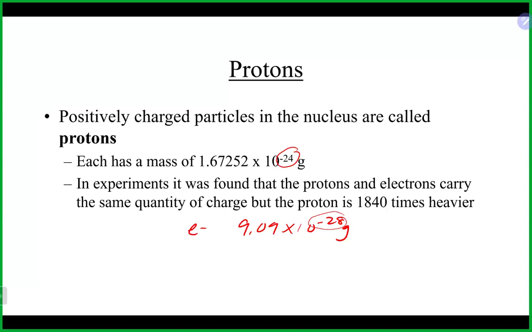This also sort of reinforces the idea that came out of Rutherford's experiment that most of the mass of the atom is actually the nucleus, and that's because protons are in the nucleus, and any proton in the nucleus is about 1,800 times heavier than any electron that's flying around the nucleus. So most of the mass of the atom is in that nucleus where we do find those protons.